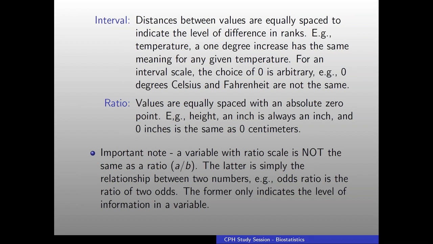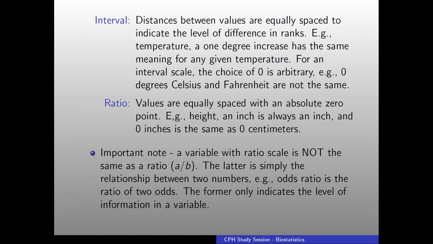Now, one of the big confusions about measurement scale, especially because you don't just take biostat courses, you take a lot of other courses, is the terminology that we use, especially the last one, ratio. So a ratio, in the traditional sense, is just a division of two numbers.